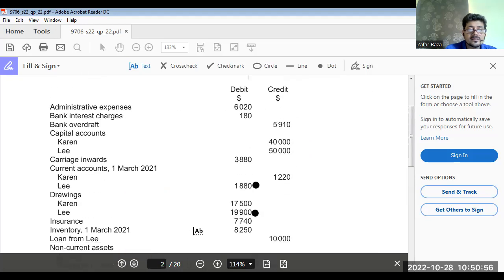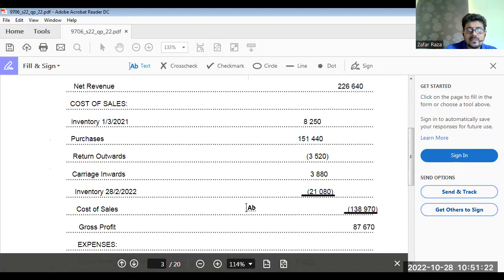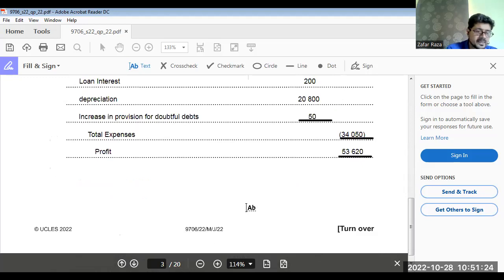Drawings 17,500 plus 19,900 multiplied by 10% is 3,740. So your profit is going to be increased by 3,740. Getting my point clear? Now 3,740 plus 53,620, your profit.